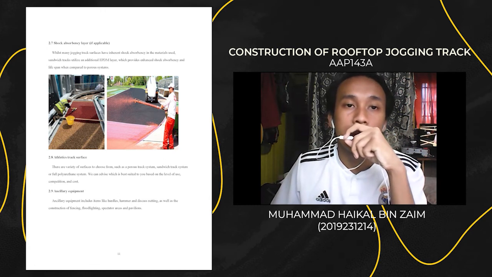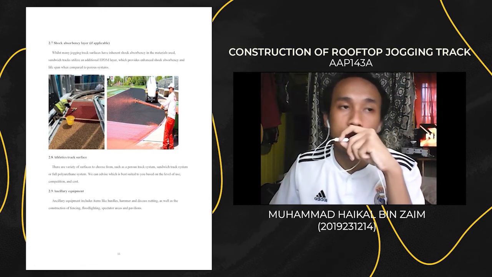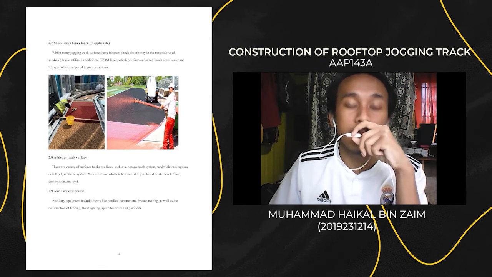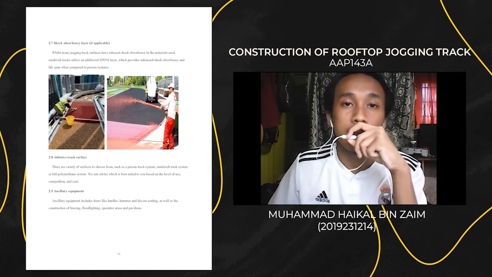And lastly, ancillary equipment. Ancillary equipment includes items like hurdle, hammer, and discus netting, as well as the construction of fencing, floodlighting, spectator areas, and pavilions.